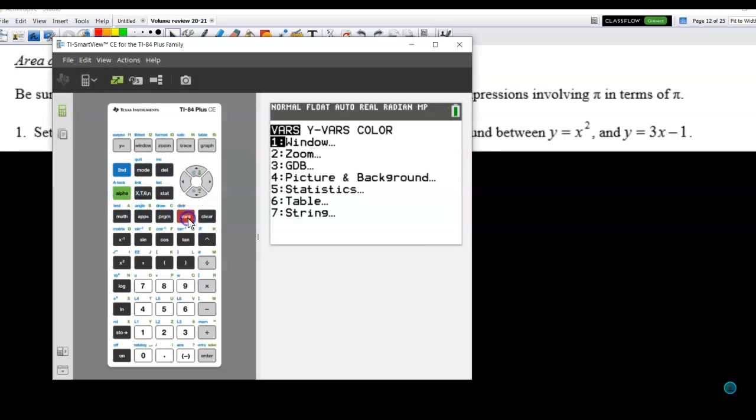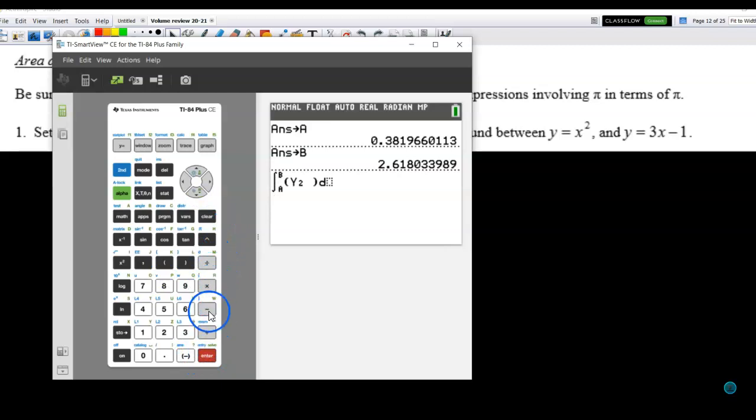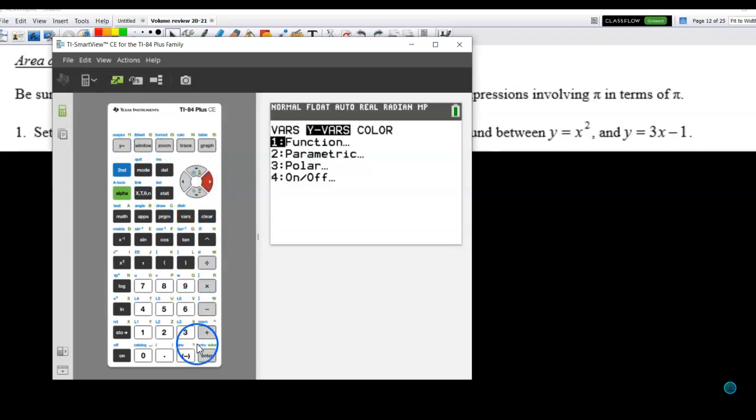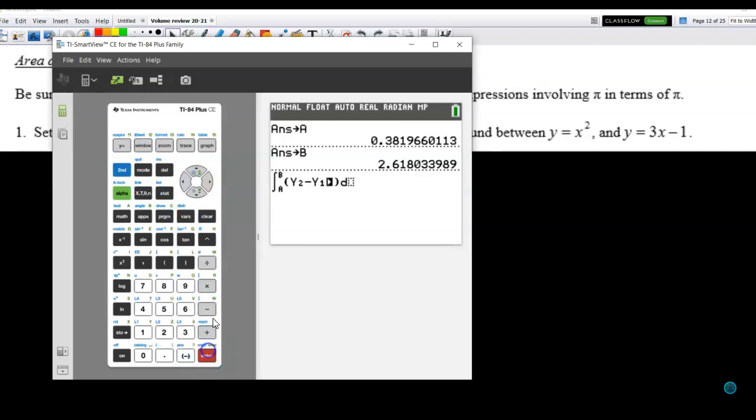The other way is to go to vars, and then arrow over to Y vars, select function. Remember, it's Y number 2 minus vars, Y vars, function, Y number 1 in terms of x, and then enter.